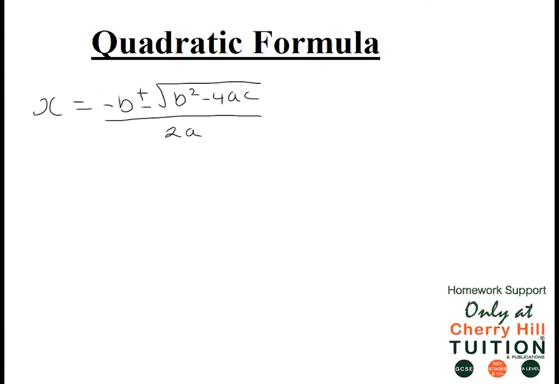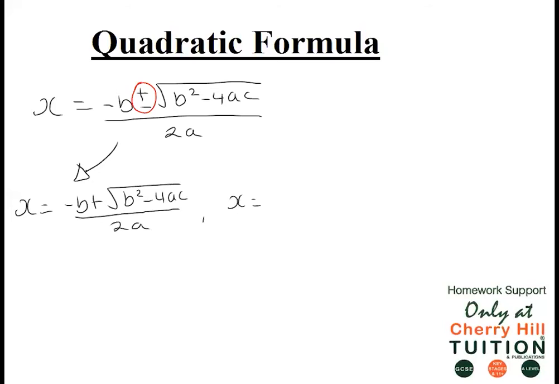The plus and the minus simply mean that there are two possible values for x. The first one being x is equal to minus b plus the square root of b squared minus 4ac over 2a, and the second one being x is equal to minus b minus the square root of b squared minus 4ac over 2a.